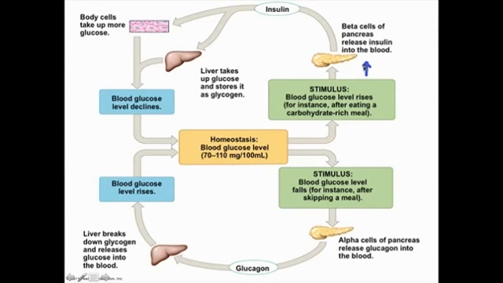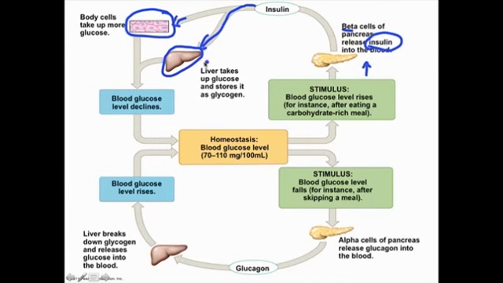If your body detects an increase in blood glucose levels, the beta cells in your pancreas are going to release the hormone insulin. It's going to be transported by the blood system to individual body cells who need that glucose for normal cellular activity. So they will be able to take up glucose if insulin is present. Some of the glucose is going to be taken in by the liver when insulin is present.